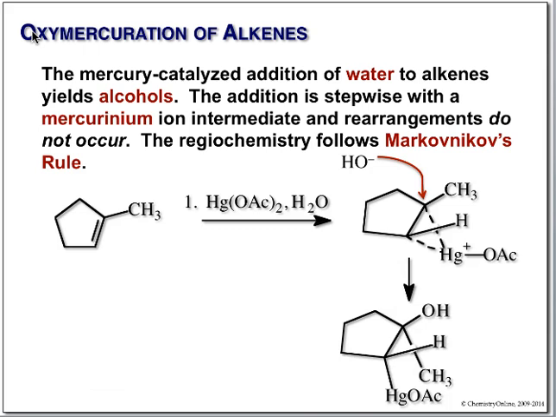All right, our mercury bond here is actually fairly stable, and we've got to somehow get rid of our mercury now. We do that in a second step with a reagent called sodium borohydride. Borohydride simply donates an H- to this point. You don't need to know that. It cleaves the mercury-carbon bond, and we wind up with our simple Markovnikov alcohol.